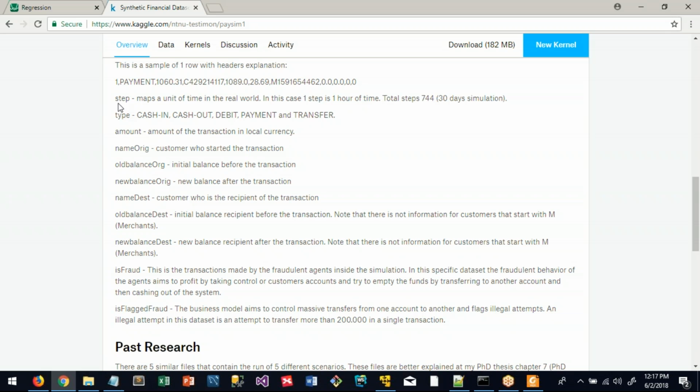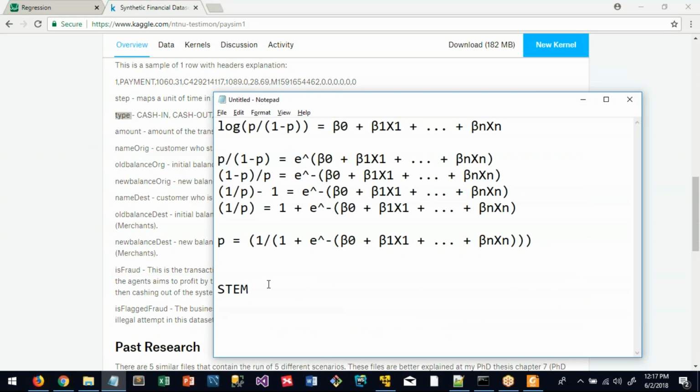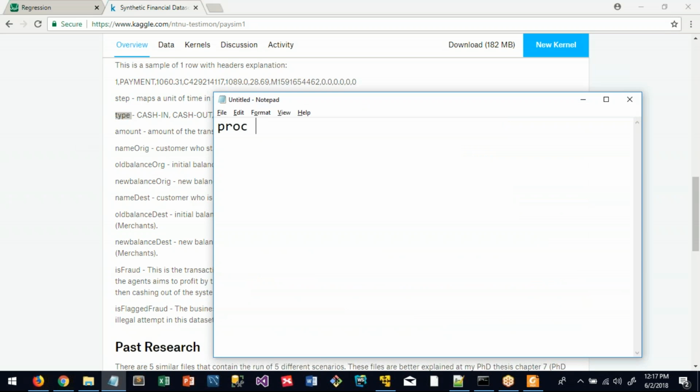So, for example, by using proc means on the step variable and using the type variable in the class statement, okay. So by doing something like this, let's say proc means data equals whatever data set you imported, then you write var step, then class type, then run.